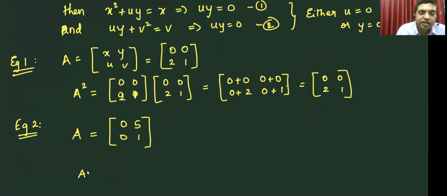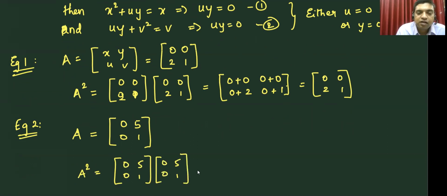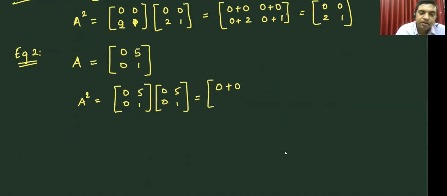So what happens to A square? 0, 0, 5, 1. When you square, the first row gets multiplied by the first column, the first row gets multiplied by the second column, 0 into 5 plus 5 into 1.